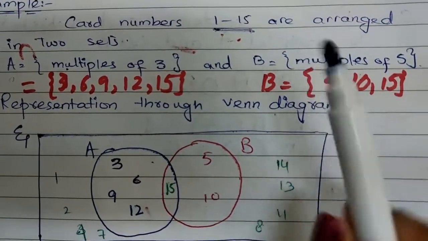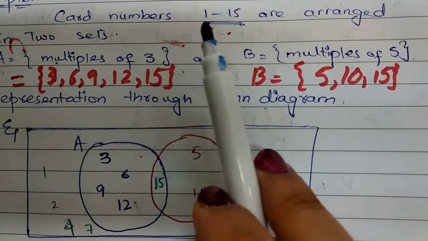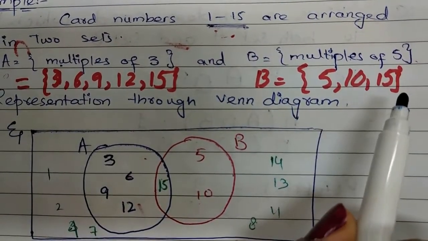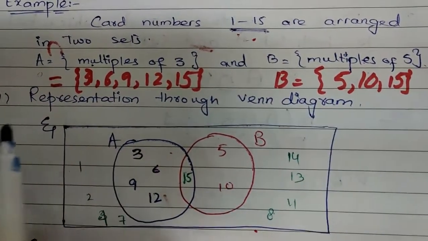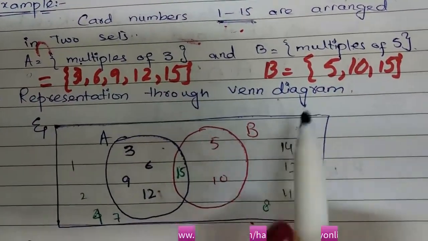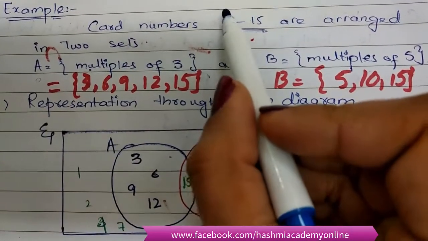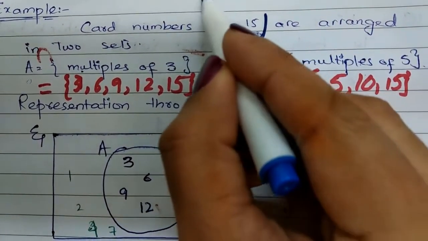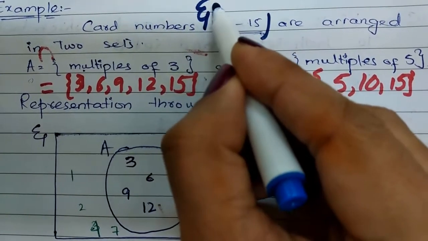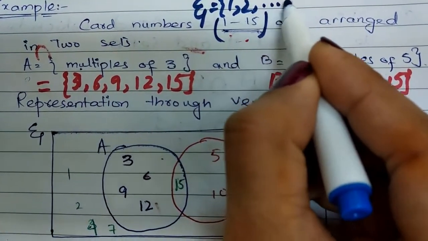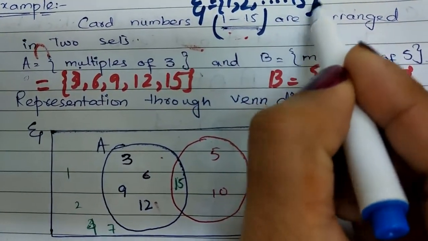Multiples of 5 between 1 and 15 are 5, 10, 15. In part A, you have to represent all this data through the Venn diagram. You have cards from 1 to 15, so your universal set is 1, 2, up to 15.